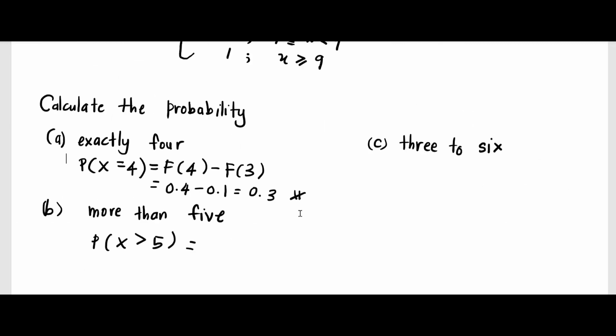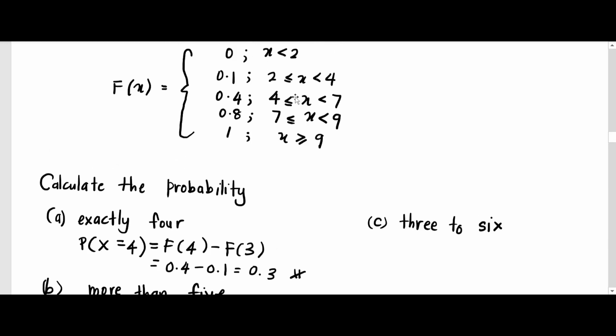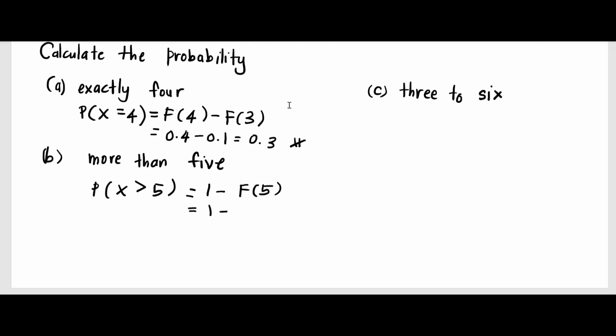So F5 is here. 4, 5, 6, 7 is not included, but 4, 5, 6 is here, it is 0.4. So 1 minus 0.4, then we get 0.6.